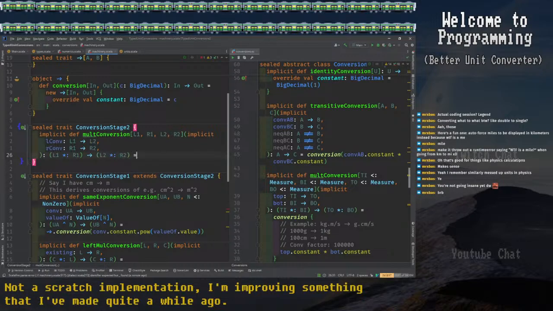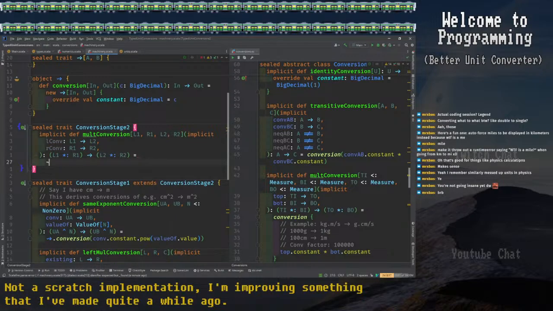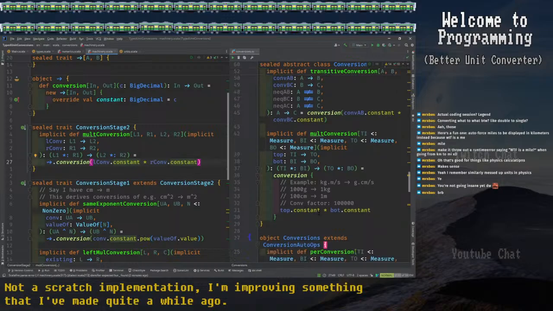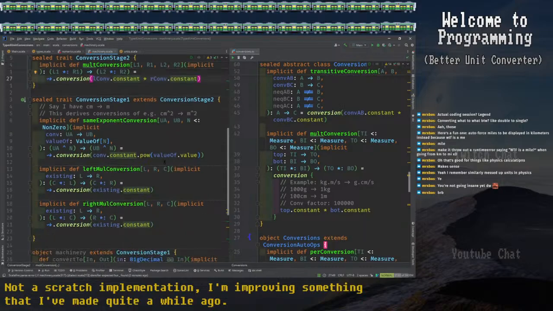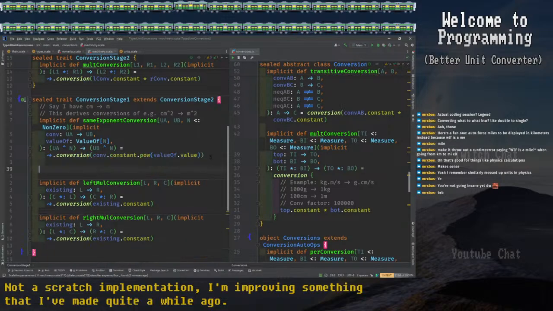Give me a second. Ooh, yes, okay. So now we need an implicit, yeah, two larger conversion.